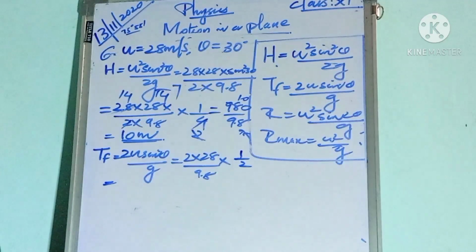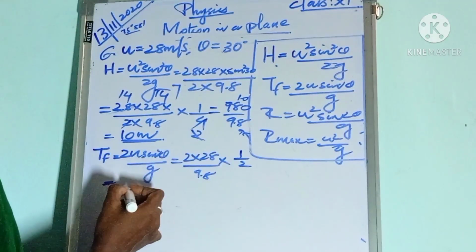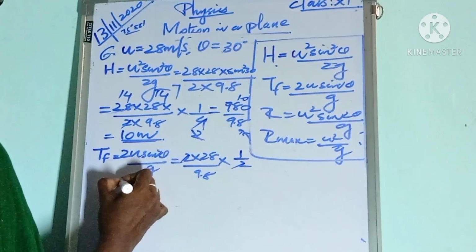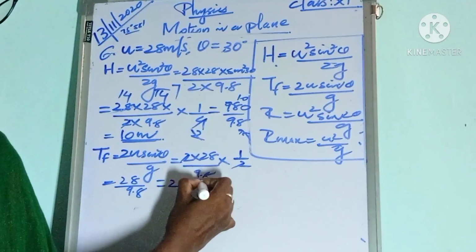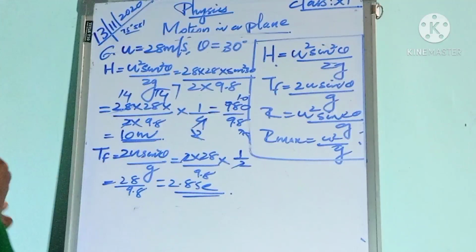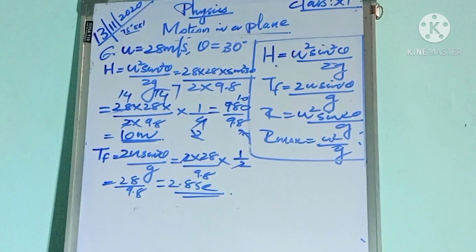So the 2 cancels, and 28 divided by 9.8 is actually 2.8 second. That is the time of flight, 2.8 second.